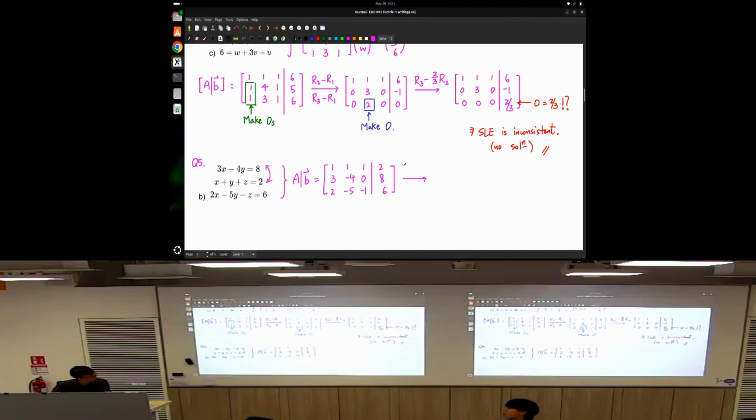So clearly this will be giving me row 2 minus 3 row 1. Then after that, row 3 minus 2 row 1. So hence you get the 2 zeros at the first column.